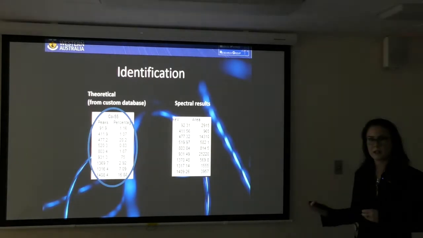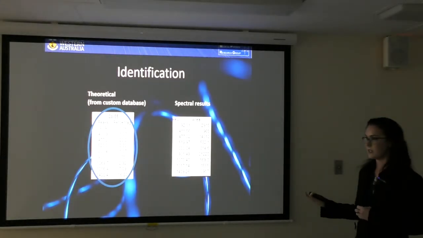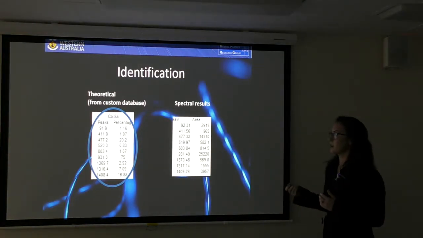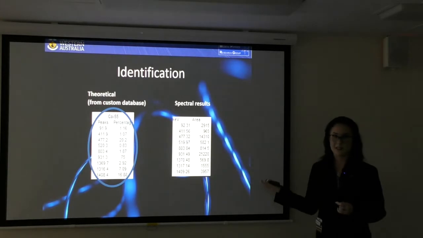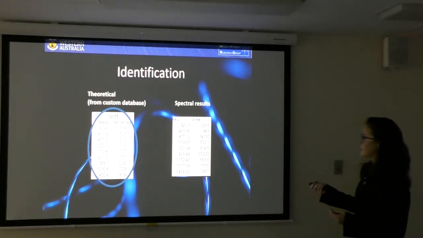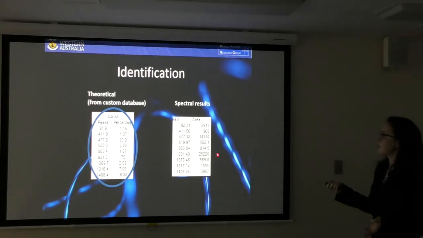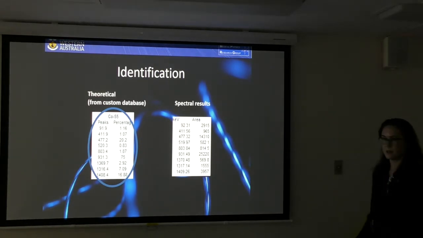However, I didn't find any other fingerprints of beryllium-7. Therefore, I found the other ones also belonging to cobalt-55, so I'm confident that this is actually in my sample. As you can see here, this is the theoretical, what cobalt gives off, and this is what I found in my spectra. So if we match the peaks, I am pretty confident that I had this in my sample.